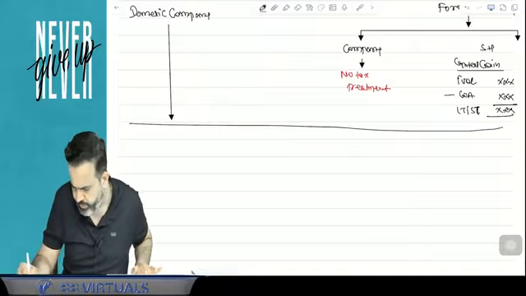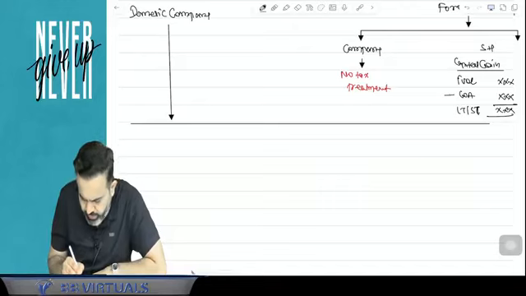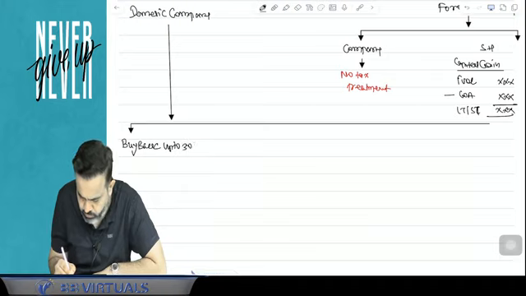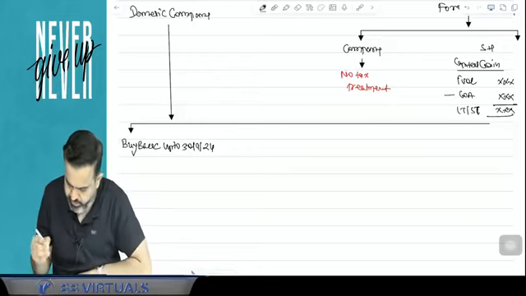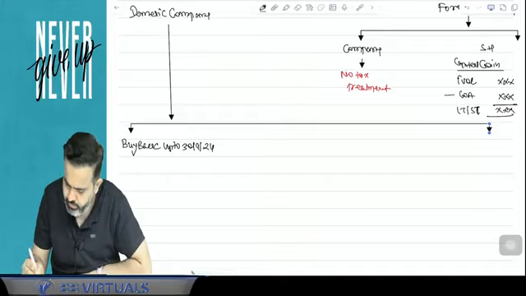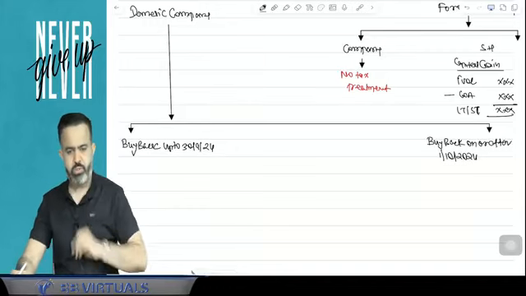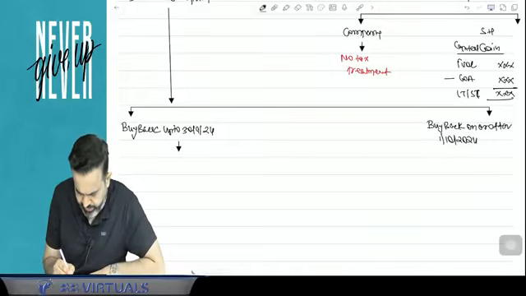One is the buyback up to 30th September 2024 and one is the buyback on or after 1st October 2024.